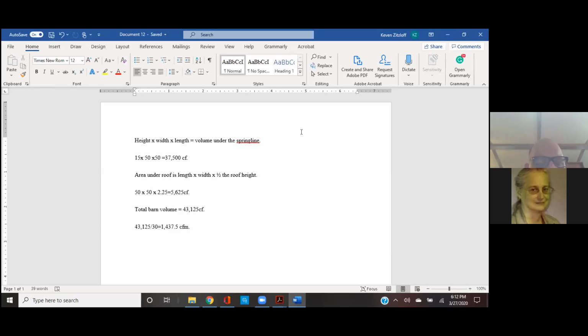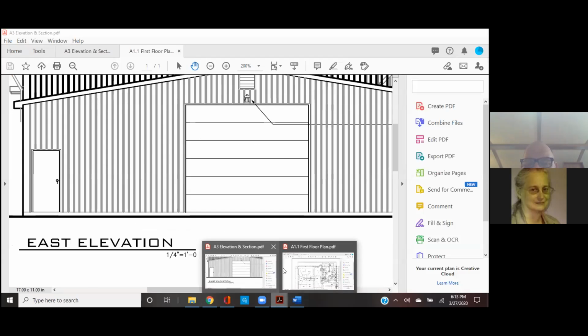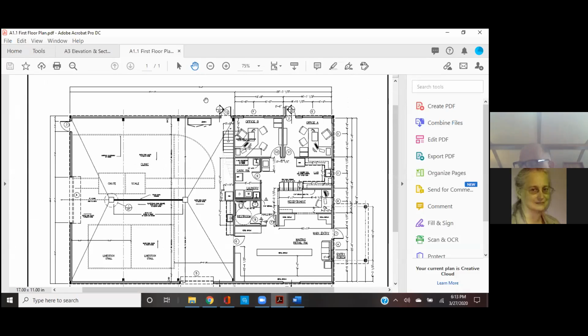So let's do this. Let's move to some of the smaller spaces and our error may become apparent. So the area for the clinic is 30 by 50 by 9.